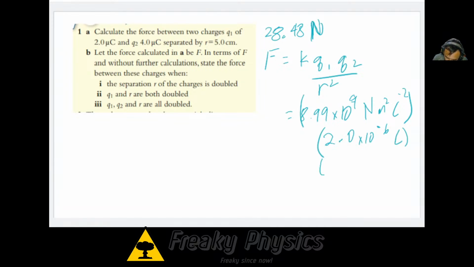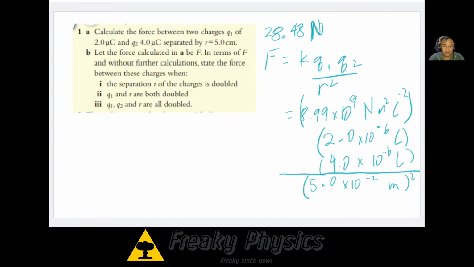Then multiply the other one, 4.0, also in microcoulombs, so 10 to the minus 6. Finally, divide the whole thing by r squared, so that's 5.0 times 10 to the minus 2 meters squared. Put those values into your calculator and let's see what the answer is.